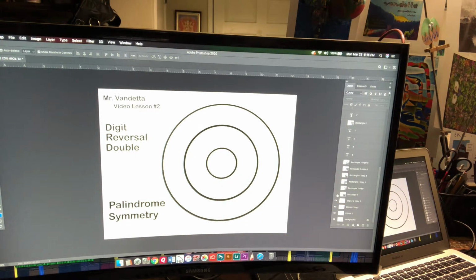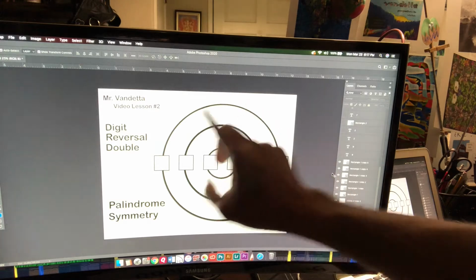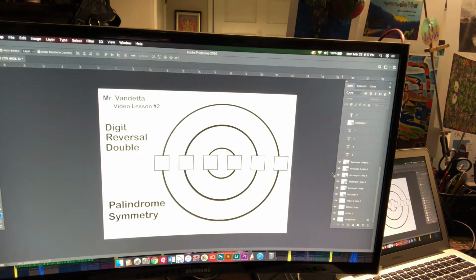So what we're going to need is a spot to write each of the digits, did everybody hear that? Digits that we're going to use to make our palindrome. So there's our rectangles, and now we're ready to put the digits in. Those circles are going to help us figure out where each digit is supposed to go.